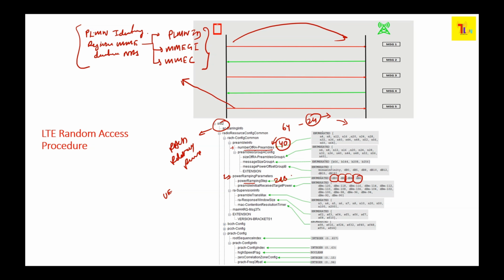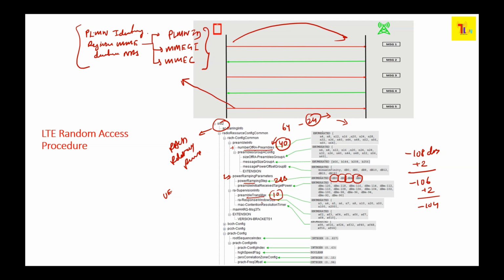Let's suppose -108 is your signal strength and I'm not able to send that preamble, then it will ramp it by 2 dB. If again it is not sent, improve it by 2 dB. Now the question comes: how many times? That is preamble transmax. You can configure it, generally 10 or 8, like after 8 transmissions it will restart the transmission freshly.